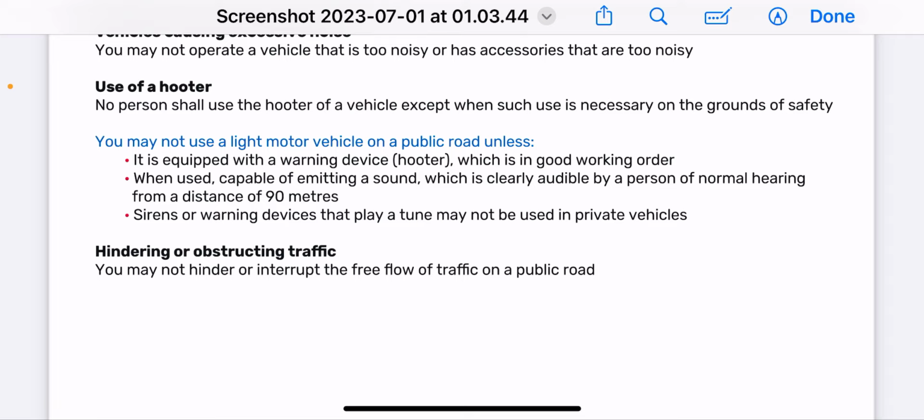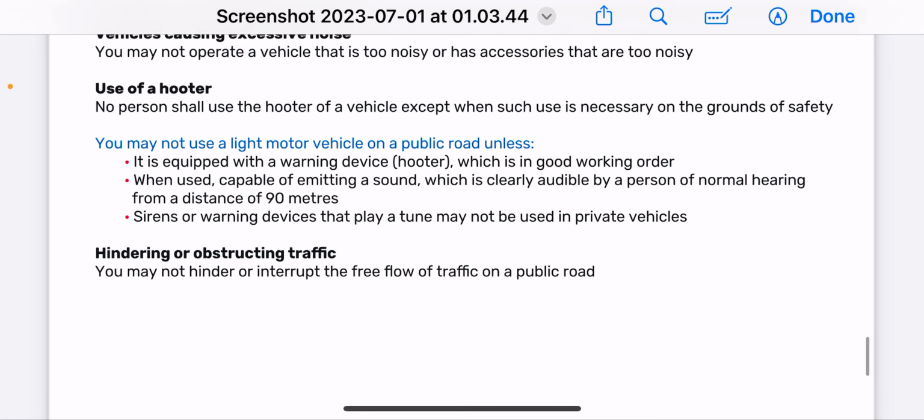You may not use a light motor vehicle on a public road unless it is equipped with a warning device, a hooter, which is in good working order. When used, it must be capable of emitting a sound which is clearly audible by a person of normal hearing from a distance of 90 meters. And sirens or warning devices that play a tune may not be used in private vehicles.